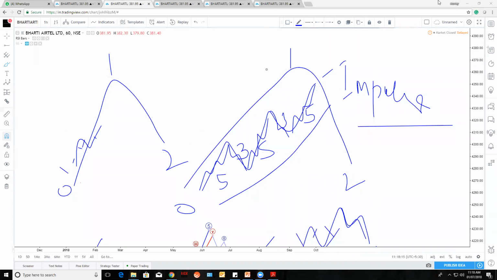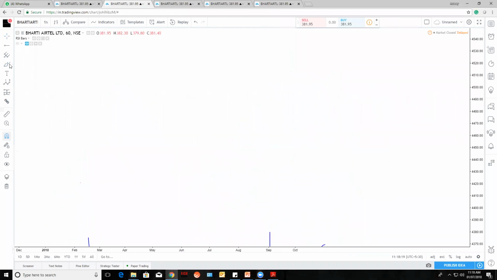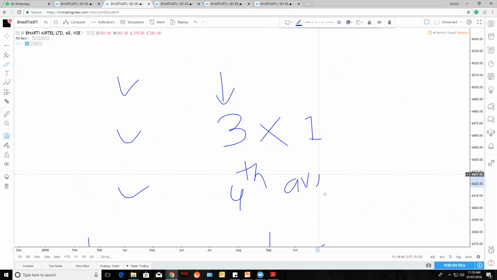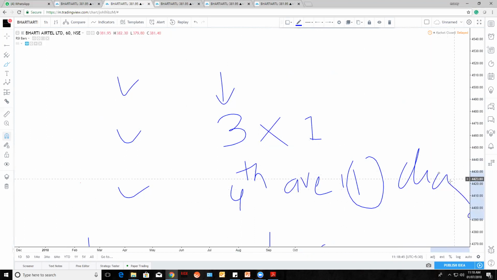So up to now, you came to know the essential rules for the impulse wave. That is rule number 1: it cannot retrace more than wave 1. Rule number 2: the third cannot be the shortest. And the third rule: the fourth can't overlap with wave 1, except in a diagonal.